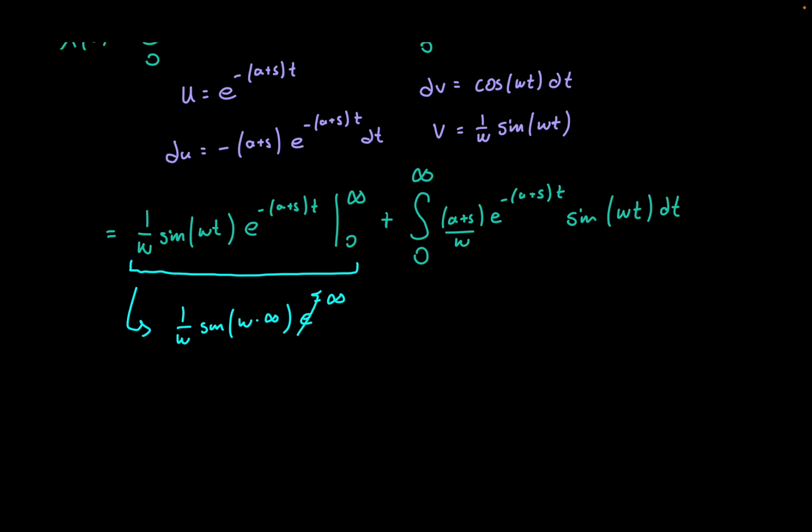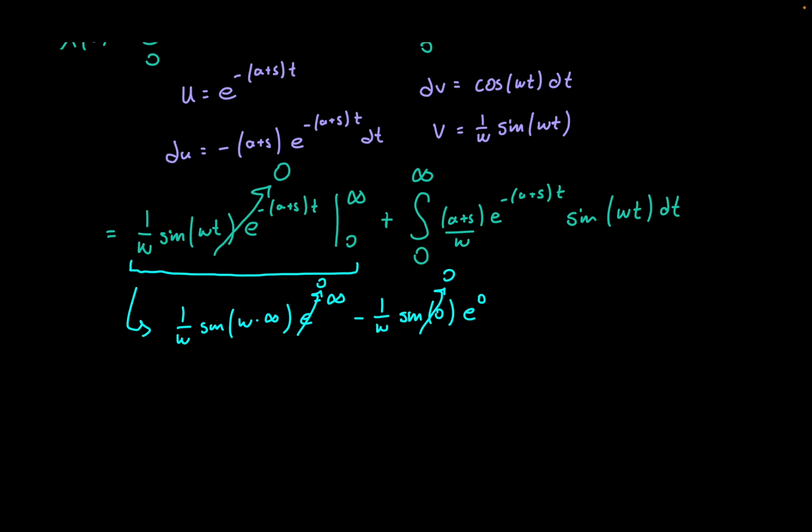So this will actually be 0. Then for the second part we subtract and evaluate when t is 0 instead, which gives 1 over omega sine of 0 times e to the 0, which is also 0. So we can say that this entire term is equal to 0, and we're just left with this term right here.